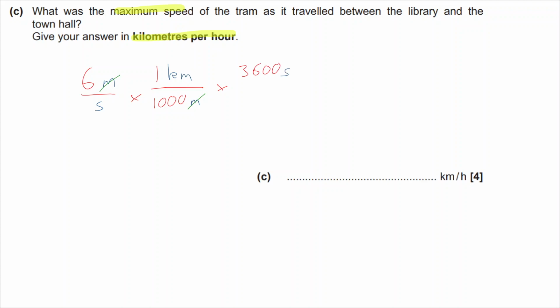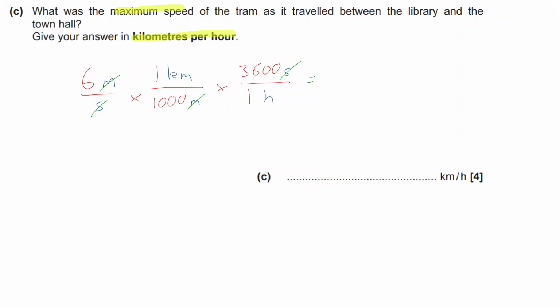And again, you can times through by this because 3,600 seconds is just 1 hour. You're timesing through essentially by 1. Of course, here the seconds units and the seconds up here will cancel, and this is good. You've now got kilometers per hour.